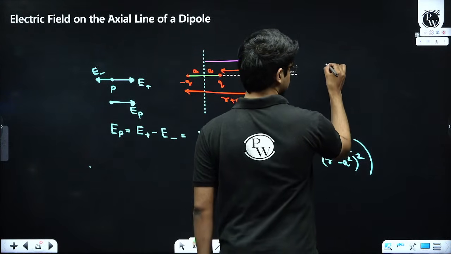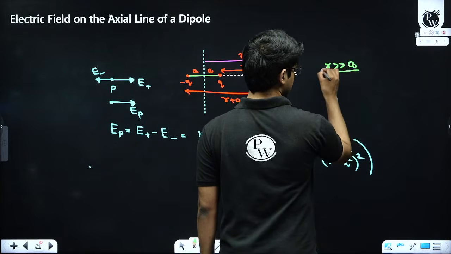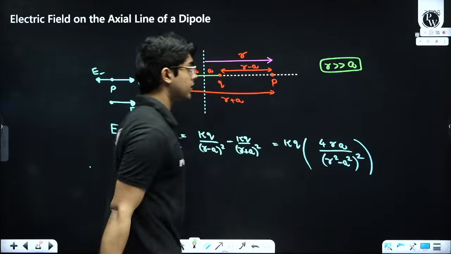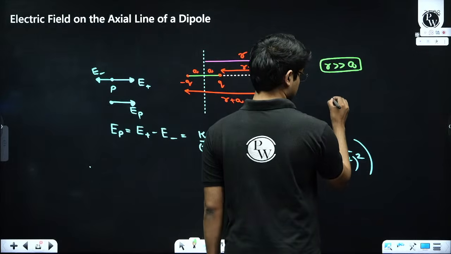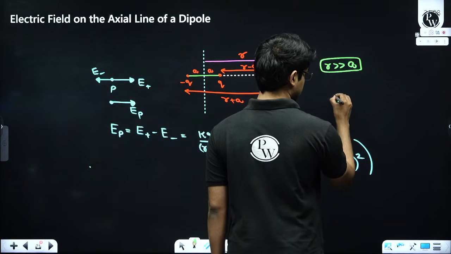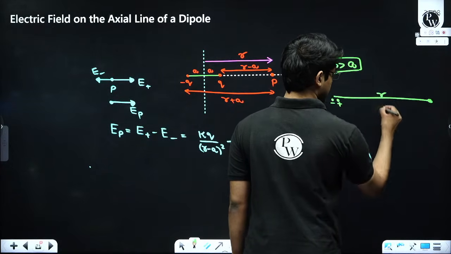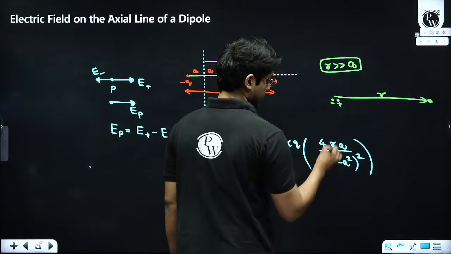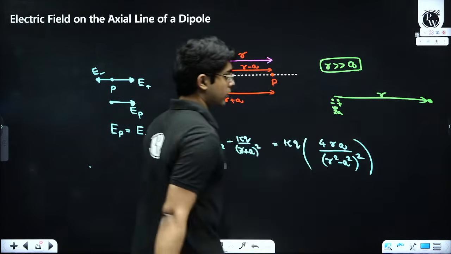So whenever we discuss dipoles, this distance R is much bigger than A. Which means the actual situation is like this. This is the negative charge, this is the positive charge, and the point we are talking about is here. Okay, this is the actual situation. This will be 2A, this is going to be your R.